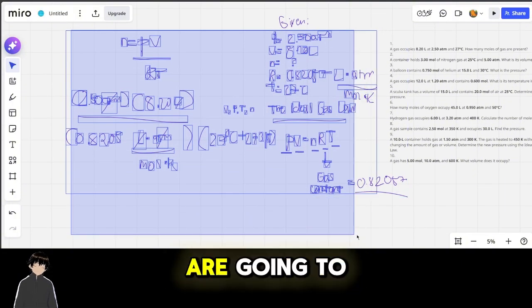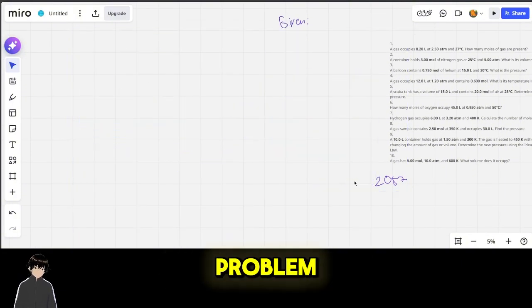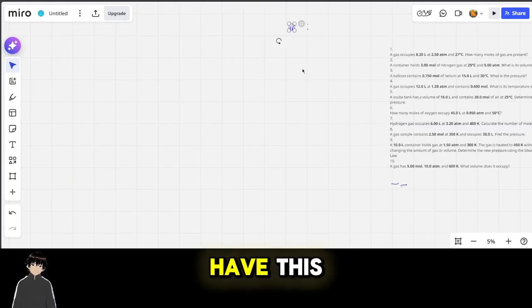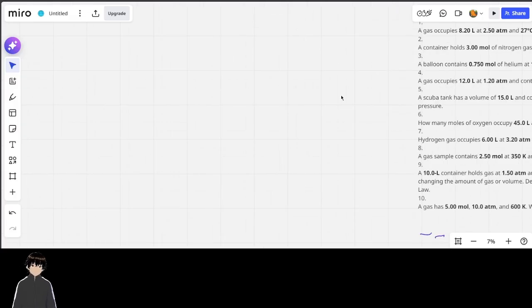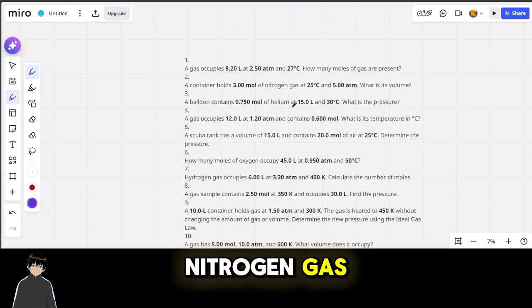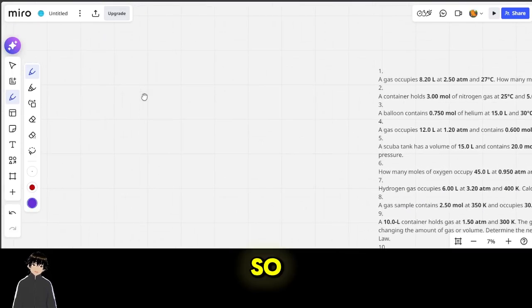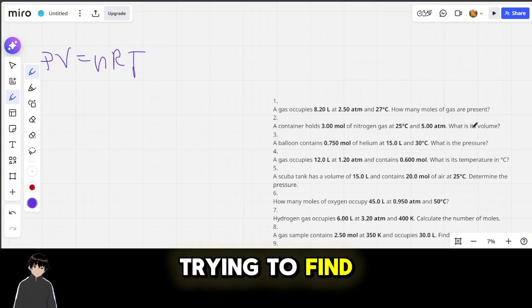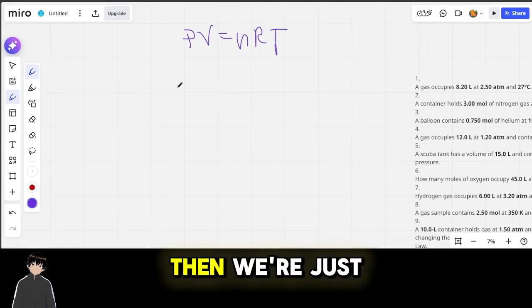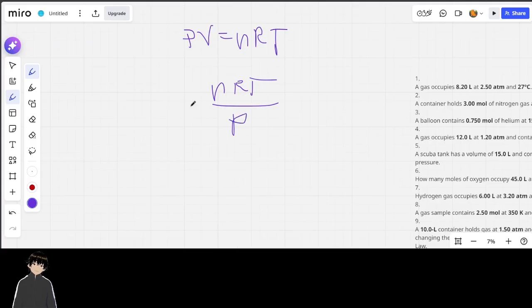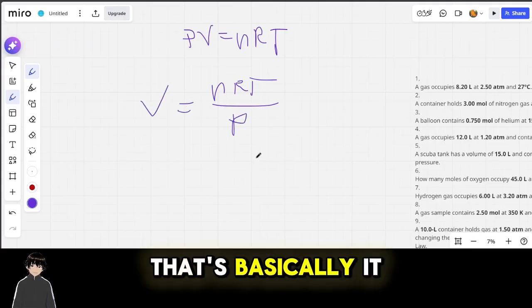Either way, we're going to do another problem. This is going to be varying problems. So now we have this: a container holds 3.00 mole of nitrogen gas. PV equals nRT. What are we trying to find? The volume. So then we're just going to have nRT over P. That's basically it.